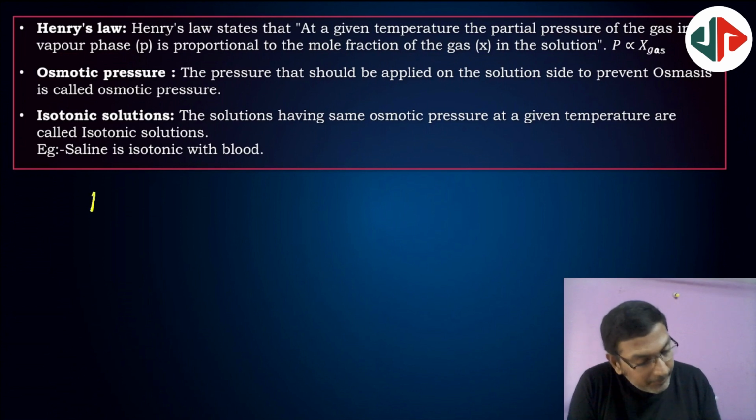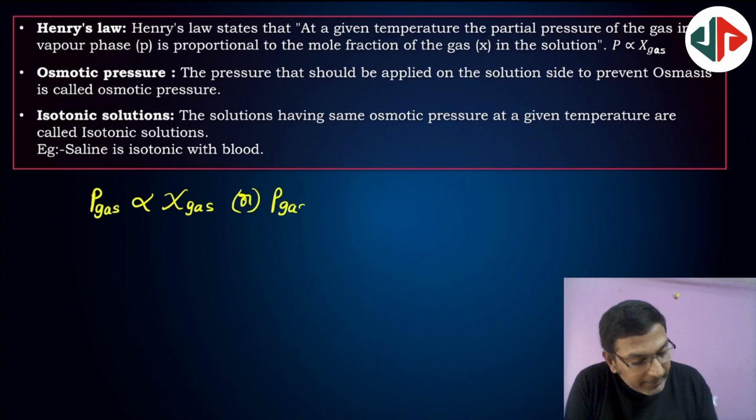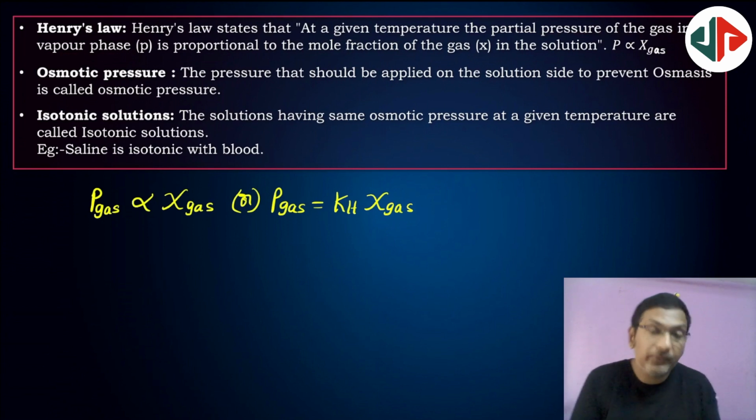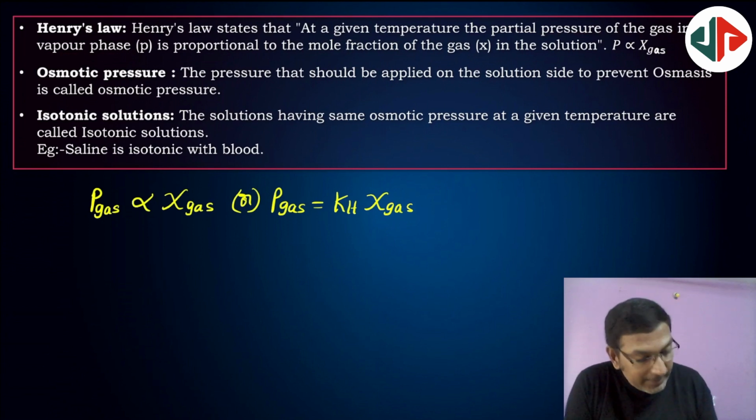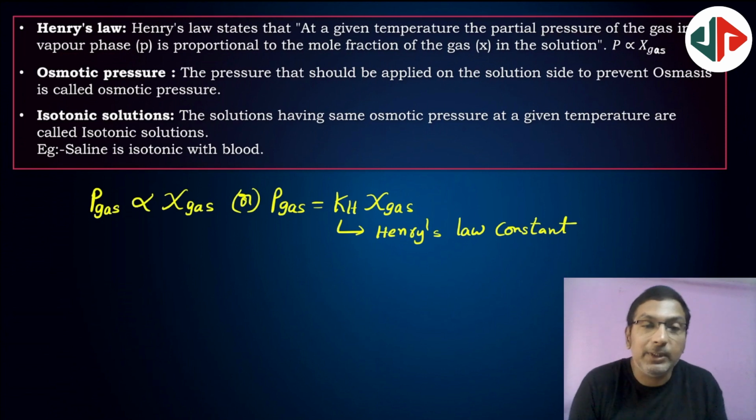That is, P of gas is directly proportional to mole fraction of gas, or pressure of gas equals Kh into mole fraction of gas. So Kh is Henry's law constant. Very, very important.